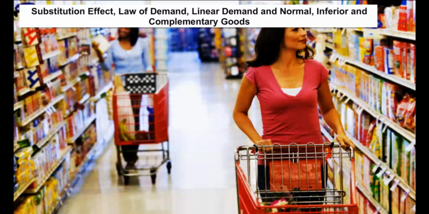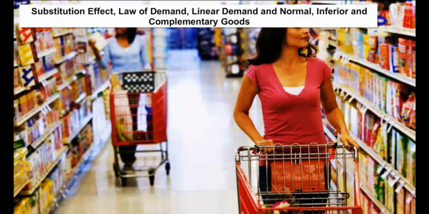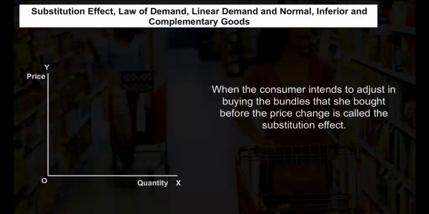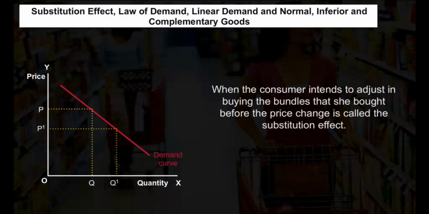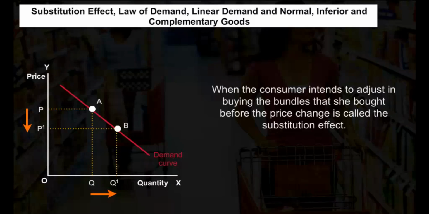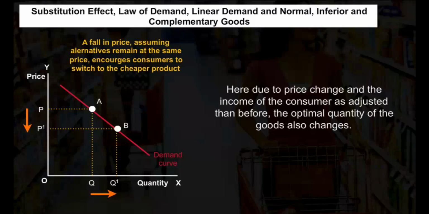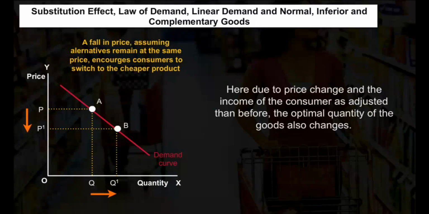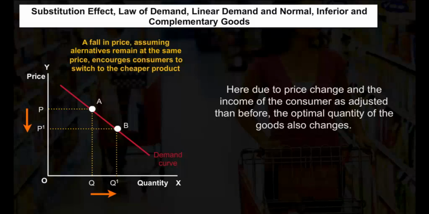Substitution effect, law of demand, linear demand, and normal, inferior, and complementary goods. When the consumer adjusts the bundle that she bought before the price change, it is called the substitution effect. Here, due to the price change and the adjusted income of the consumer, the optimal quantity of the goods also changes.